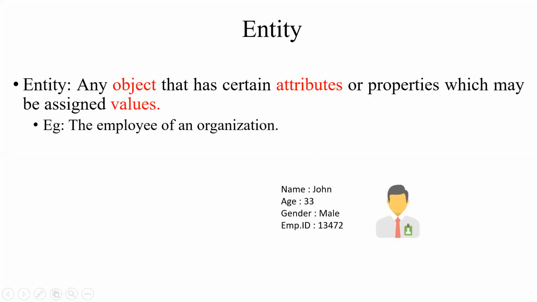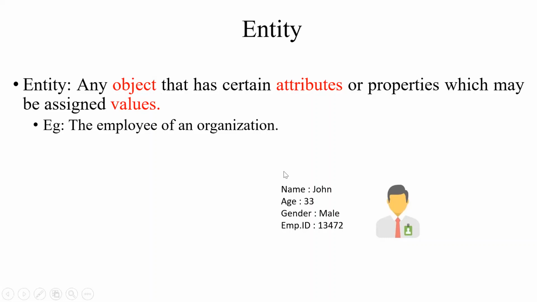The register number is the most important ID, the property with which we can differentiate Sahana of BCA and BSc. And the other one you will tell she is in BSc, the other one is in BCA. These are the properties with which we can explain and differentiate between the two objects, right? So any object that has certain attributes or properties which can be assigned values.